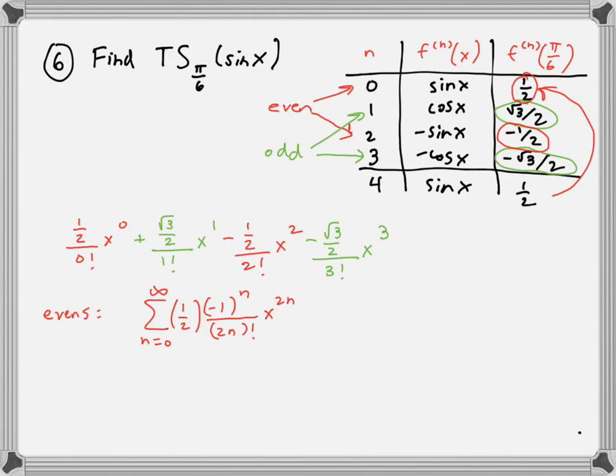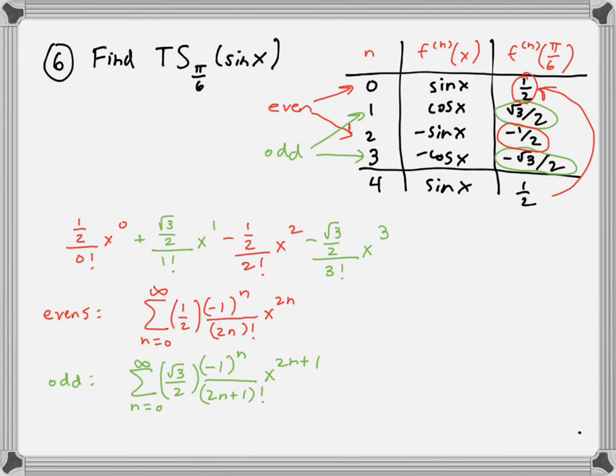What are my odd terms? My odd terms are root 3 over 2 times, I know I'm alternating, and the first odd term is positive, so it's also negative 1 to the n, and then I have a 2n plus 1 factorial x to the 2n plus 1.